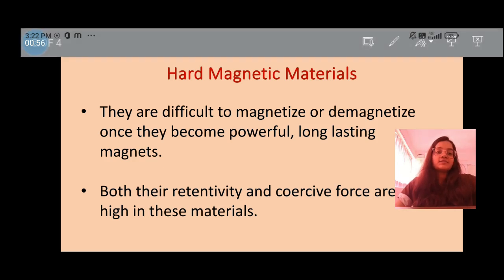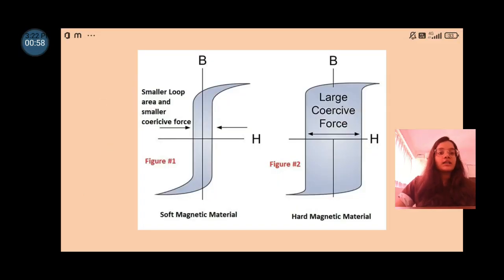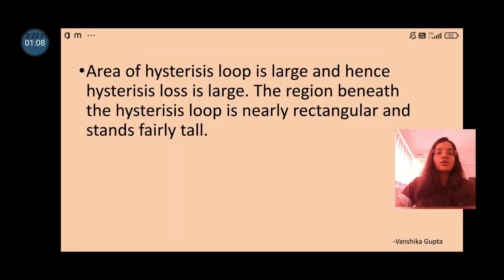As we can see in this picture, hard magnetic materials have a large coercive force, and soft magnetic materials have a smaller area and smaller coercive force. Coming to the third point, the area of the hysteresis loop is large and hence hysteresis loss is large. So what exactly is hysteresis loss?